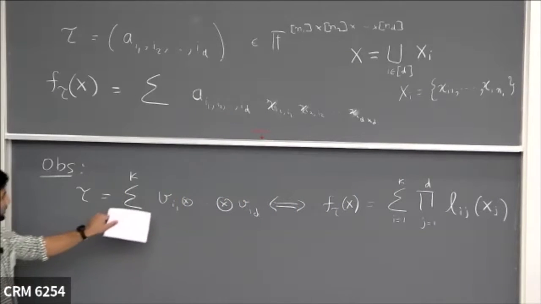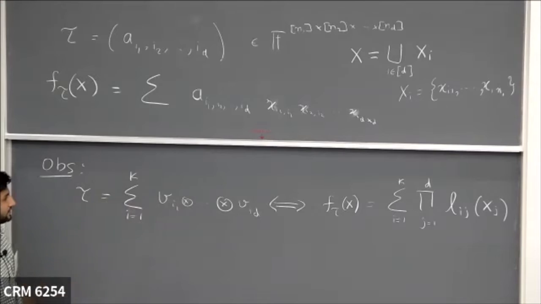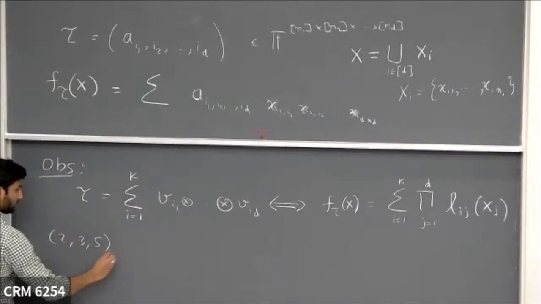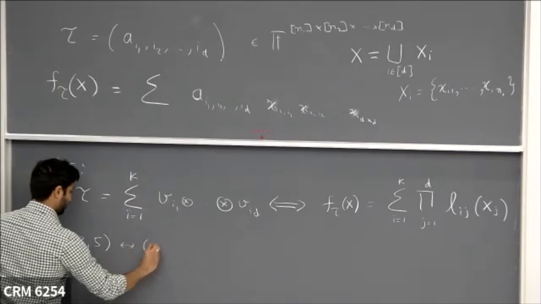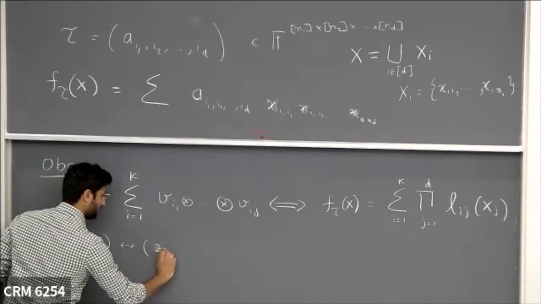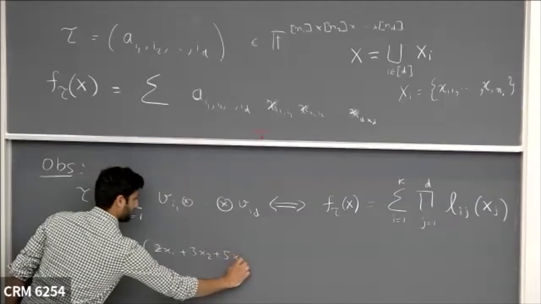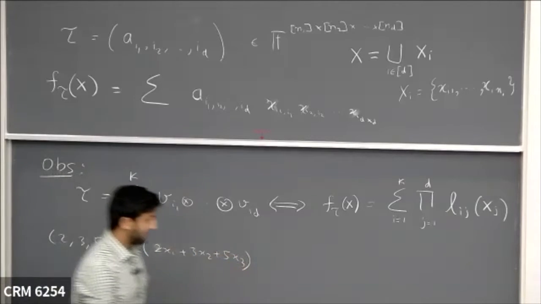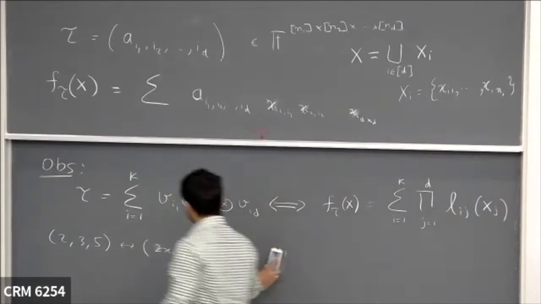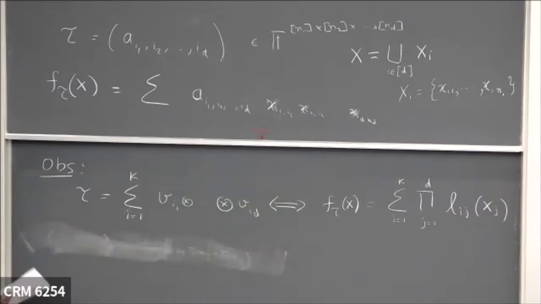What does L_{ij} correspond to v_{ij}? It's how you write a vector as a linear form, the canonical way. For example, if your vector is (2, 3, 5), you write it as 2x1 plus 3x2 plus 5x3. So that's the connection.